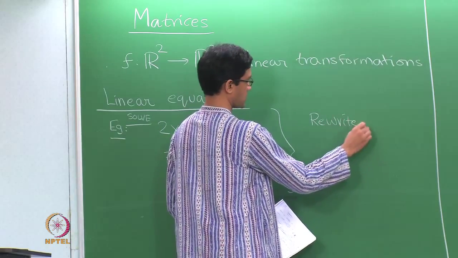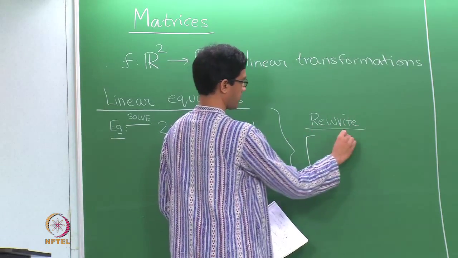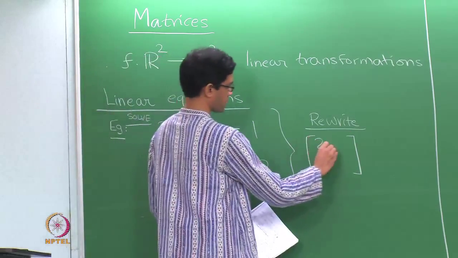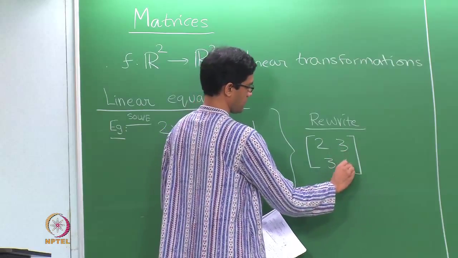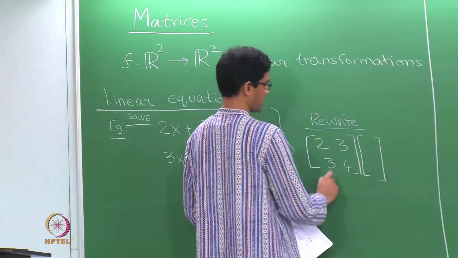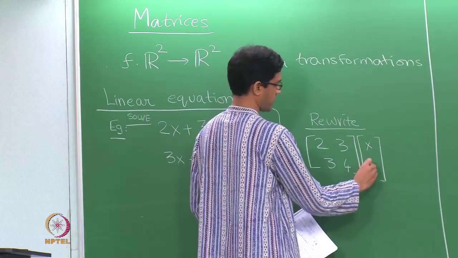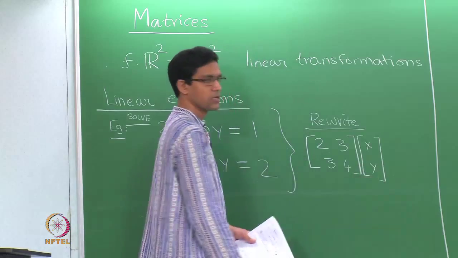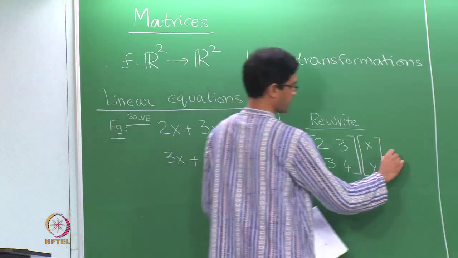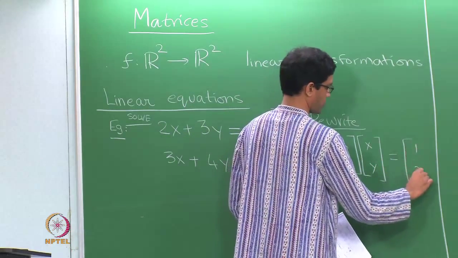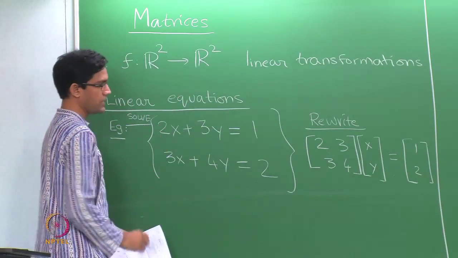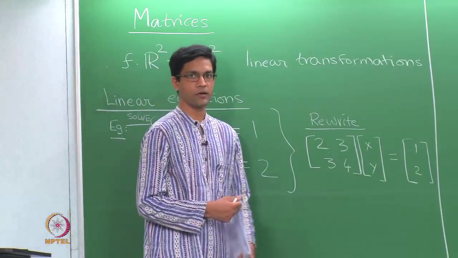We consider the 4 coefficients 2, 3, 3 and 4, form the matrix, and this equation can just be written as this matrix multiplied by the column vector, or the 2 cross 1 matrix, x comma y. The product of these two gives the coefficients 1 and 2. Okay. So this system is exactly equivalent to this equation written in matrix form.